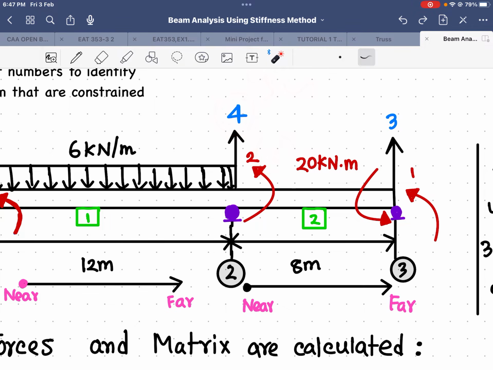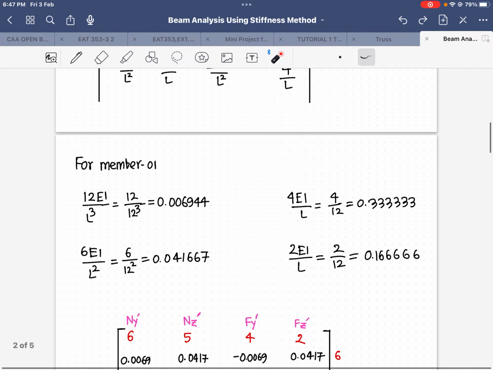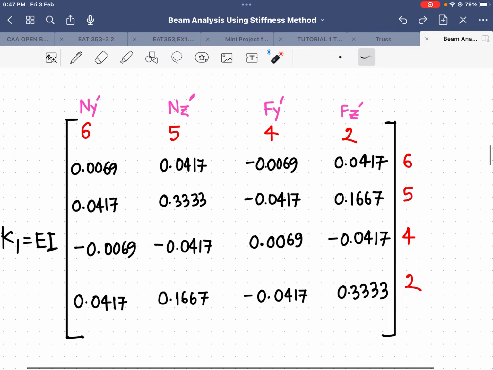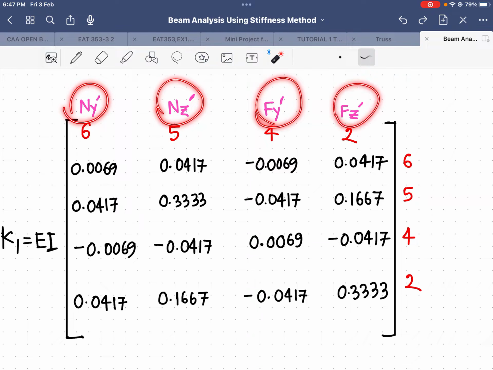So I put this as far y and this as far z. This is the way we can organize 6, 5, 4, 2 as near y, near z, far y and far z.